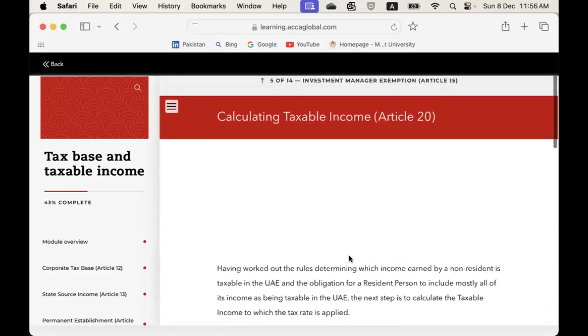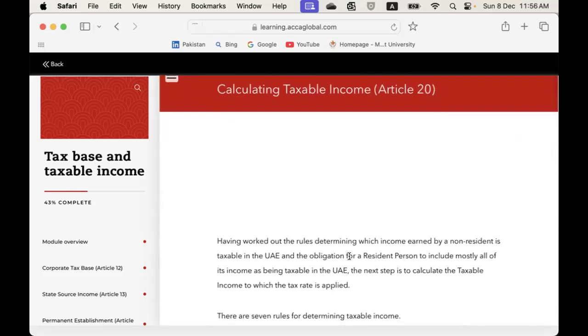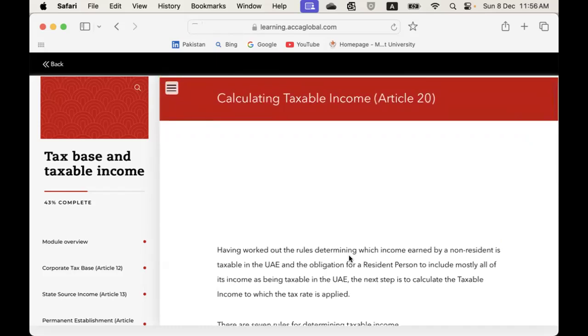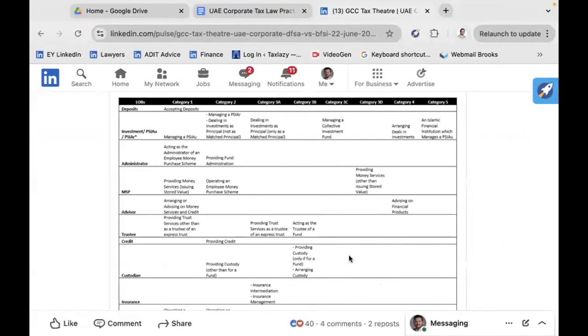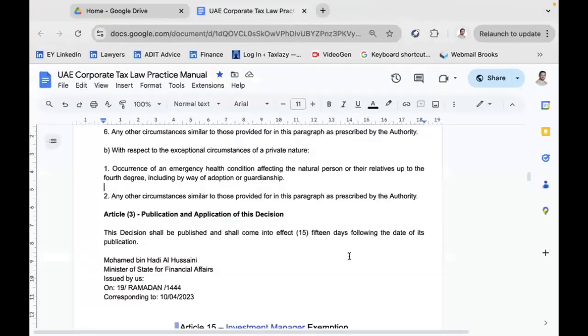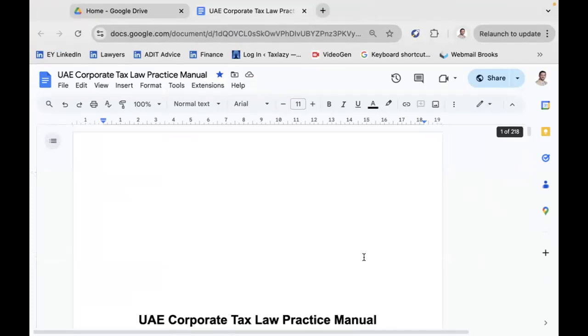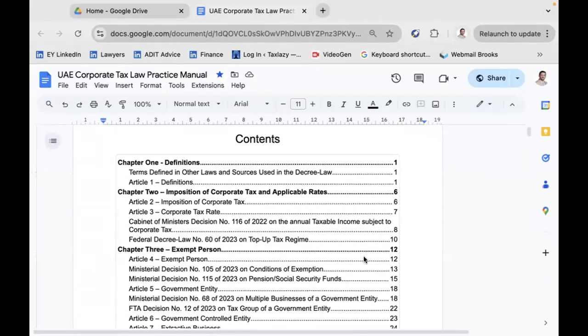So now we're coming to, oh God, the heart of the corporate tax law. Let me tell you something, guys. Just for you to remember, I should take you to the corporate tax law itself and give you a broad view, only from the table of contents perspective. This is the corporate tax decree law.